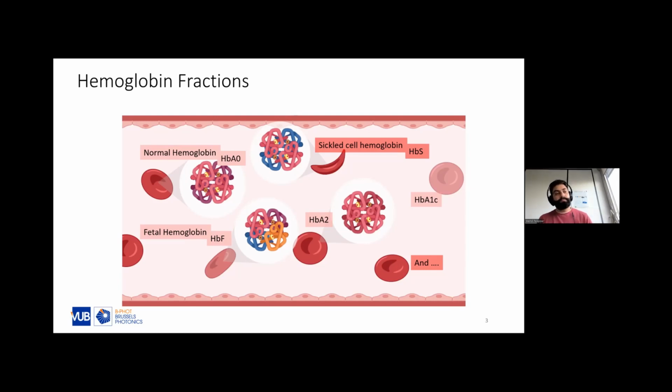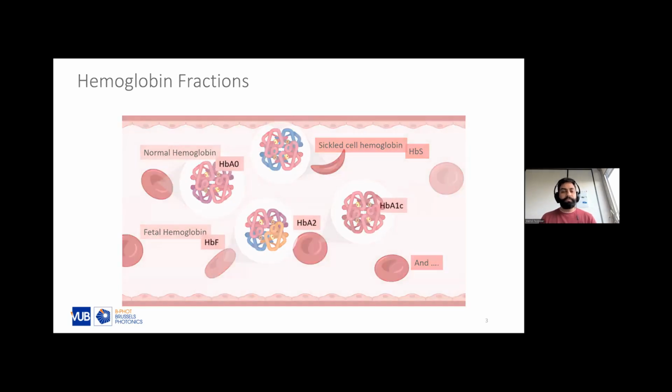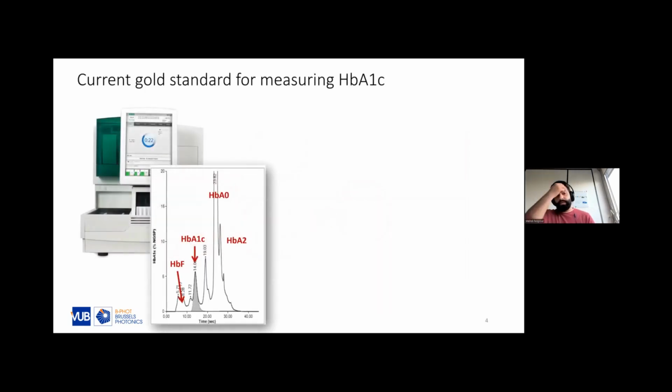Now, the gold standard to detect the normal hemoglobins in the body, including HbA1c, is a technique called high-performance liquid chromatography, which separates the components of a liquid sample based on their sizes, masses, or charges.